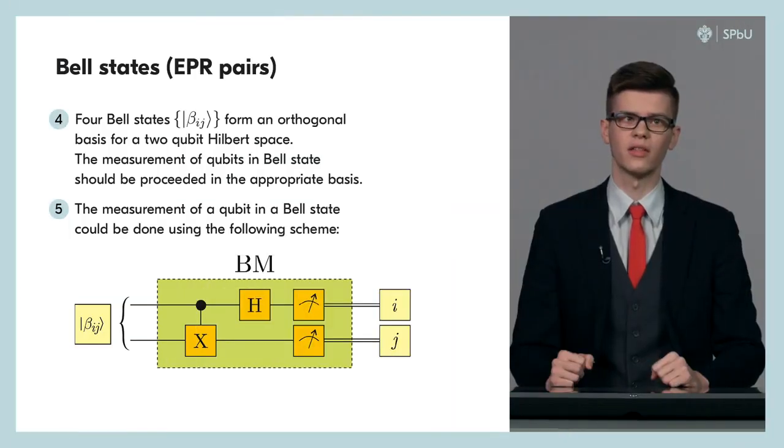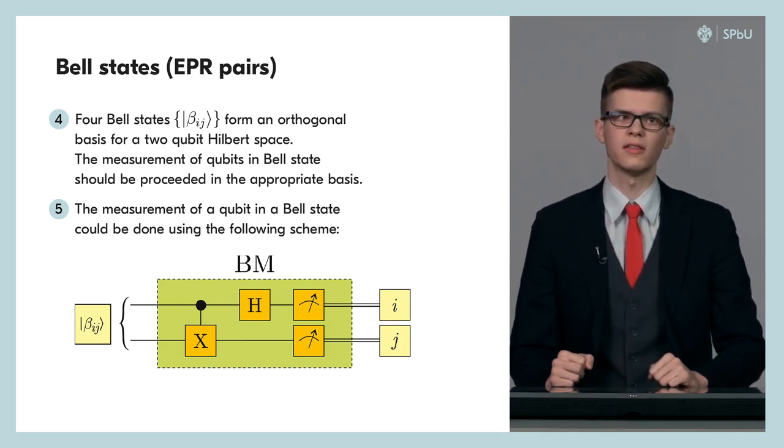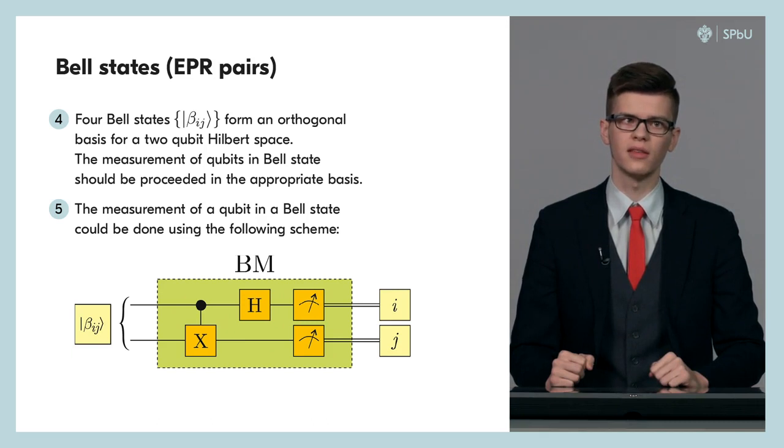Let us remark that 4 Bell states form an orthogonal basis for the Hilbert space of 2 qubits. This means that any state vector of the 2 qubit quantum system can be represented in the form of Bell state superposition. Since the Bell states are orthonormal and form a basis, they are distinguishable.